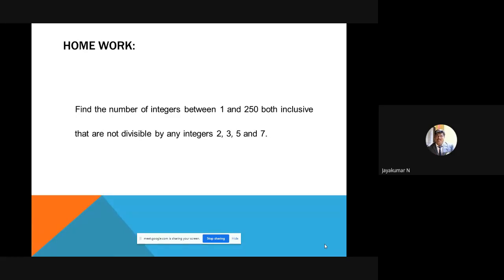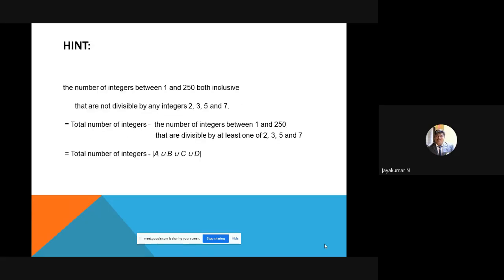Okay, I will explain. Find the number of integers between 1 and 250, both inclusive, that are not divisible by any integer 2, 3, 5 and 7.